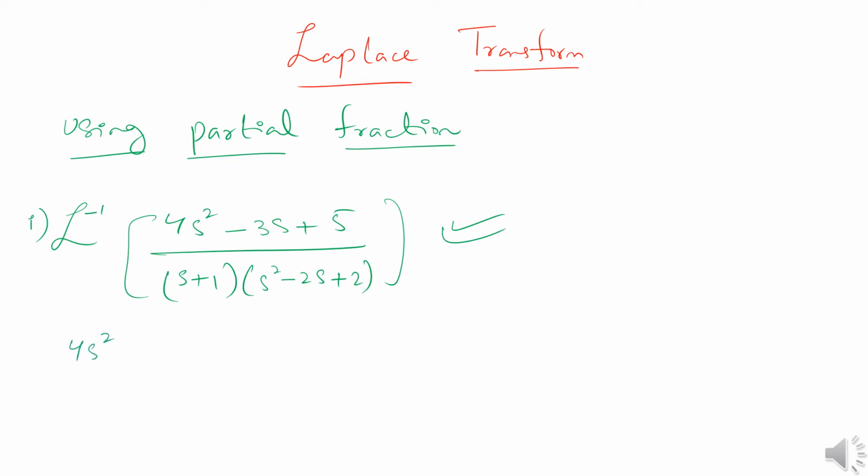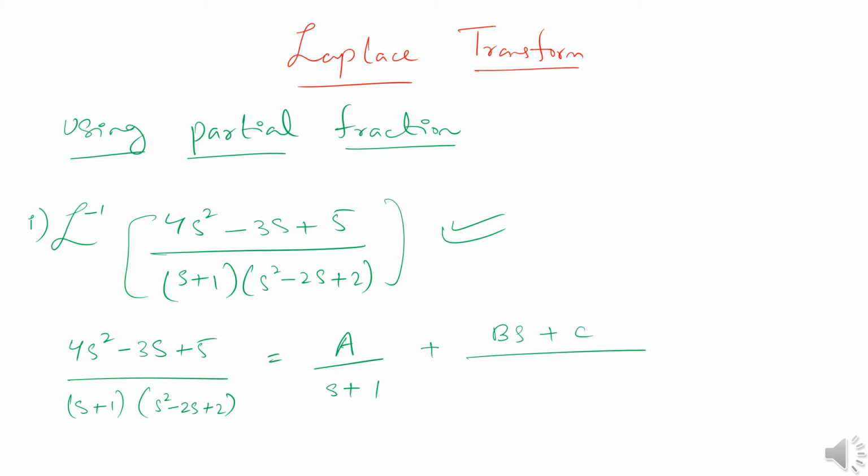So I can say that (4s squared minus 3s plus 5) divided by (s plus 1)(s squared minus 2s plus 2) is equal to A over (s plus 1) plus (Bs plus C) divided by (s squared minus 2s plus 2). So we have broken the function into two parts. Now we will solve it.